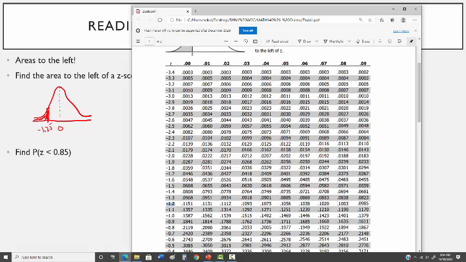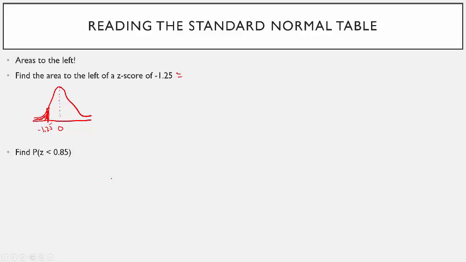I'm going to find the 5 up here. And I'm literally just going to look where they intersect. So negative 1.2 goes here, 0.05 here, and that red shaded area to the left is 0.1056. Okay, piece of cake, piece of cake.